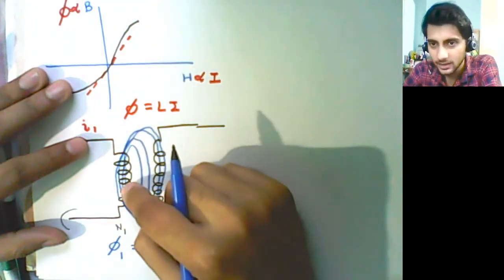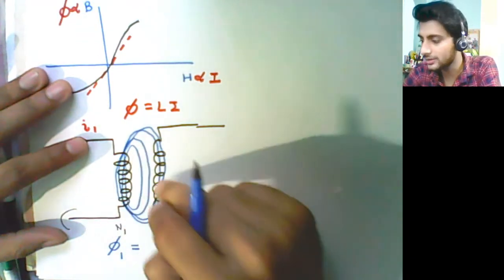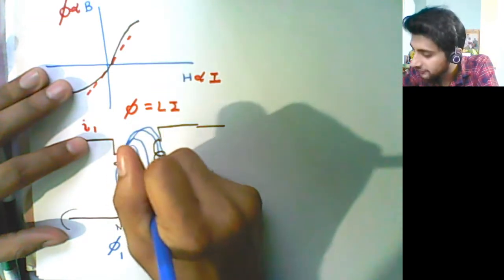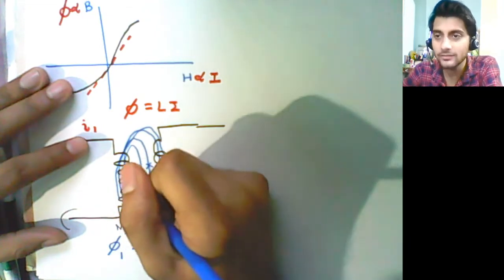So you see, some of these field lines pass only through coil 1 and do not pass through coil 2. So you see there will be many such lines, but there are few lines which pass only through coil 1 and not through coil 2.